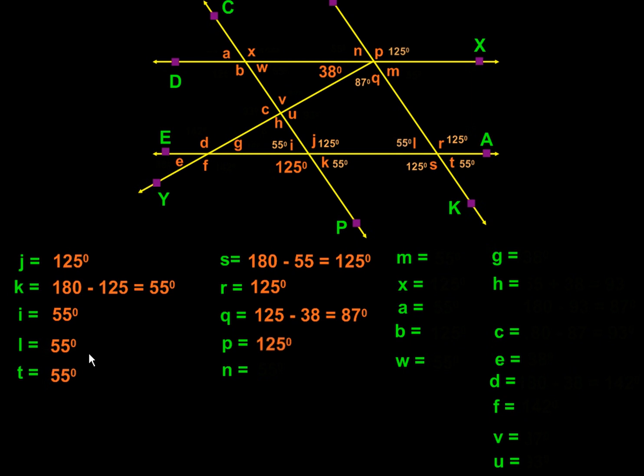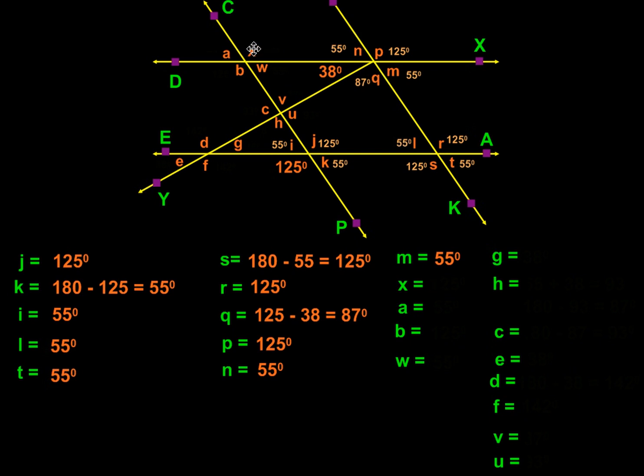N would have a value of 55. M is a vertical angle to N, which makes it 55. N is a corresponding angle to L too, so that's how you know it's 55.